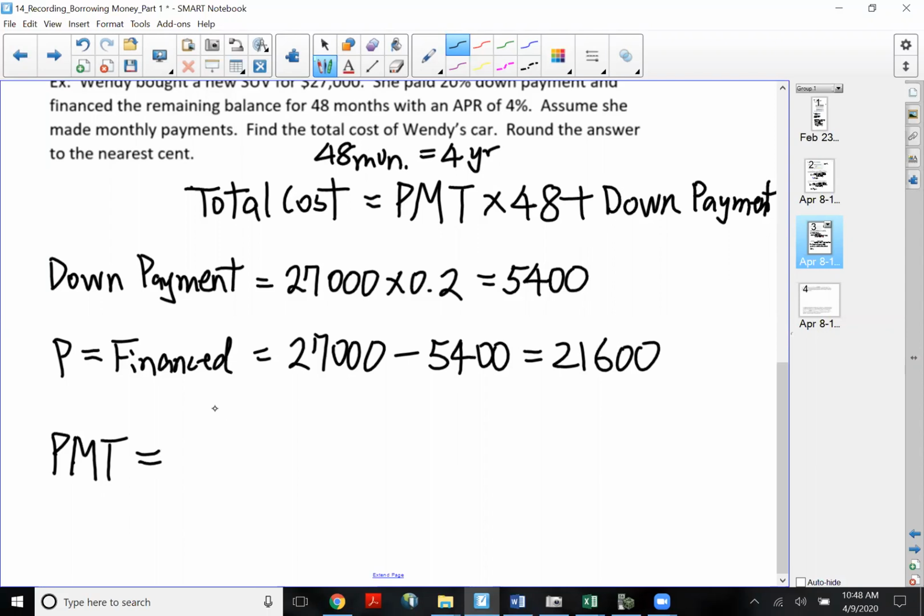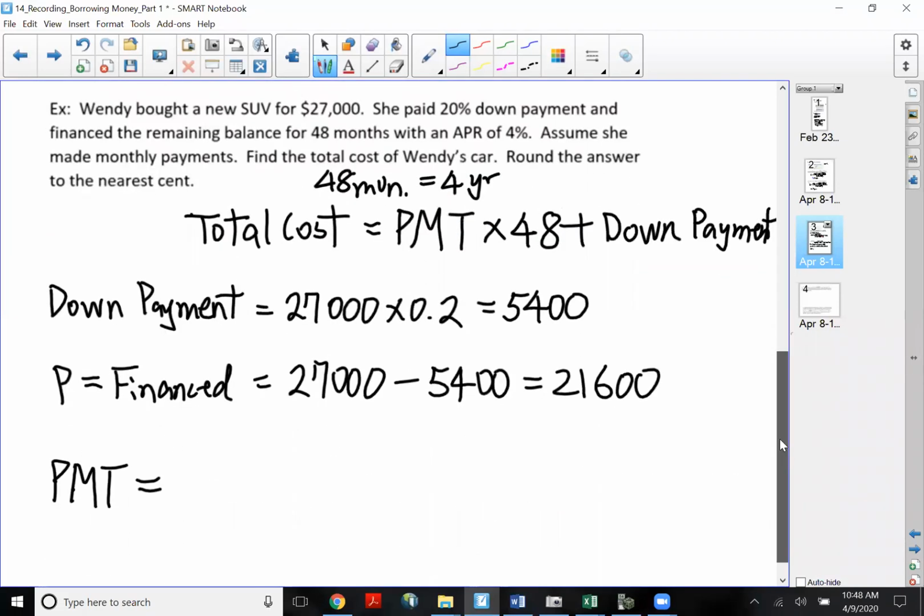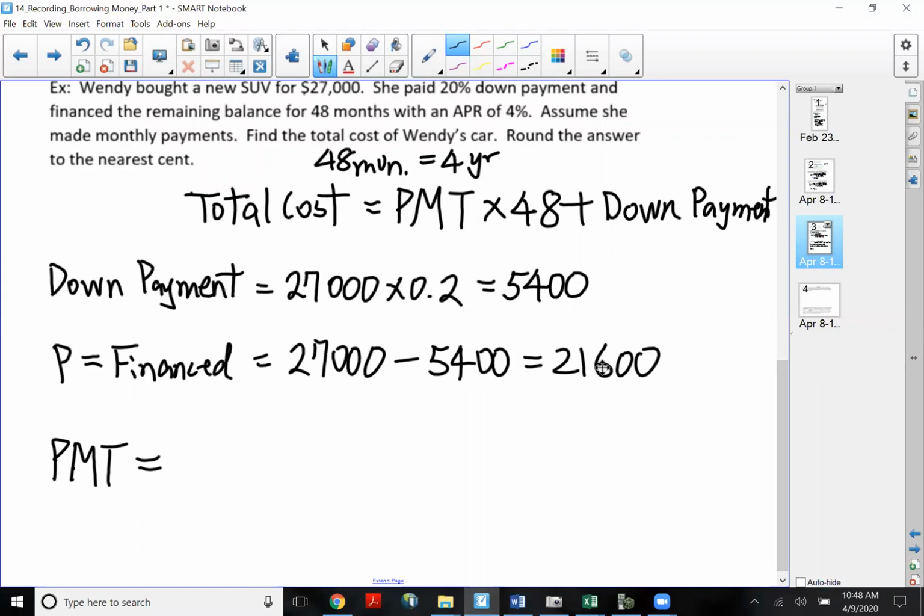So P, the formula at the top is P times R over N. Her principal, she financed 21,600 times R is 4% over N is 12 months.